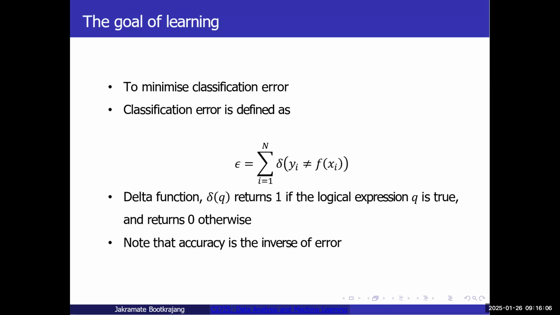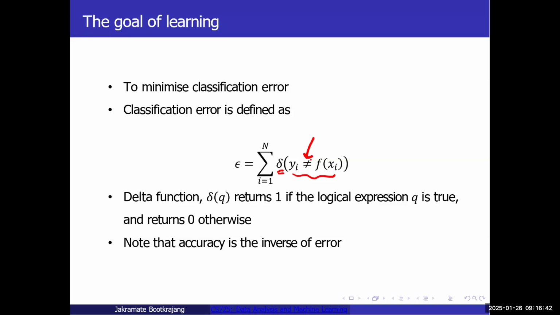And we can write the error using this delta function. The delta function has a condition inside, a logical expression, and it will return 1 if whatever is inside is true, and will return 0 otherwise. The condition that we have is that the label y_i is not equal to the output of the function of our model.